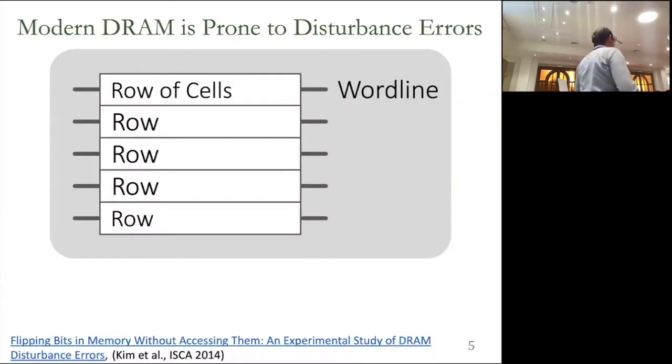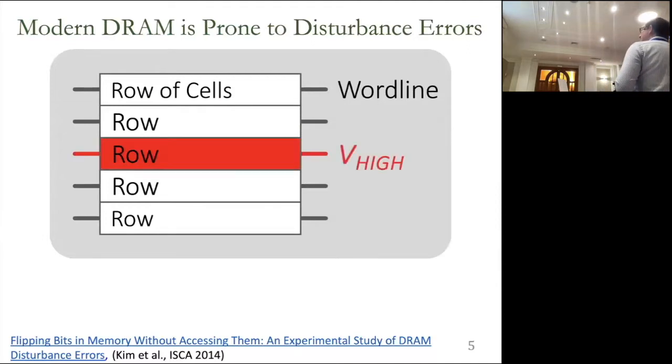And the problem was essentially read disturbance. So whenever you access a row repeatedly, you keep activating and pre-charging the DRAM bank, which means that you apply high voltage and low voltage repeatedly to this word line. And some cells that are vulnerable in physically adjacent rows get corrupted.